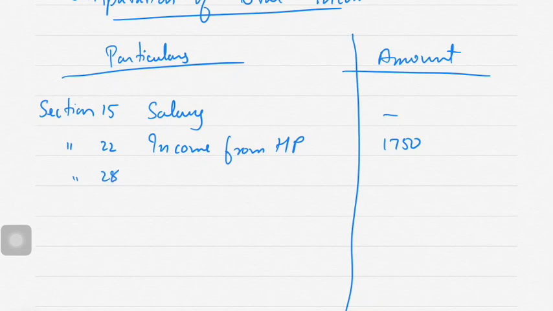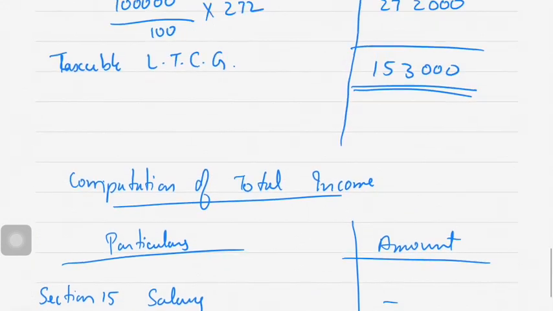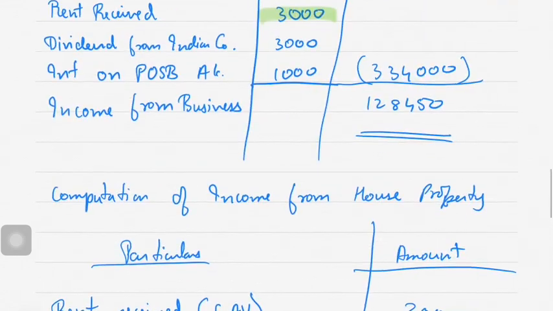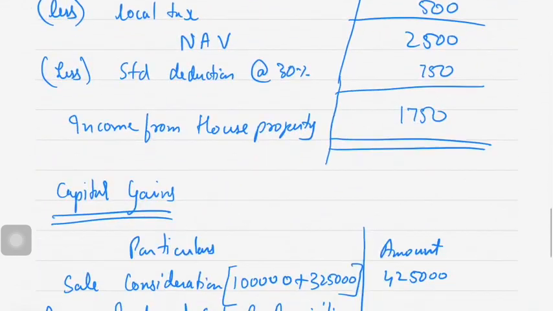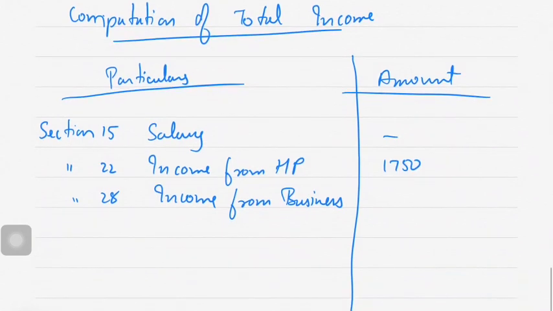Section 28, income from business, comes to 1,28,450.